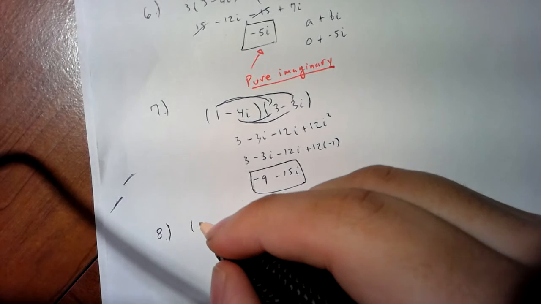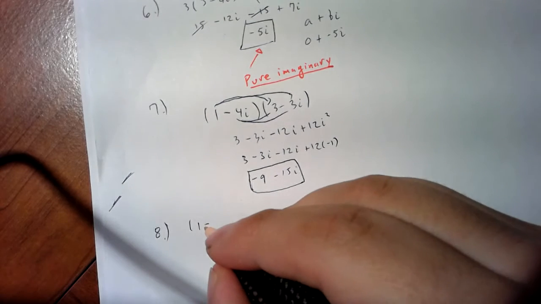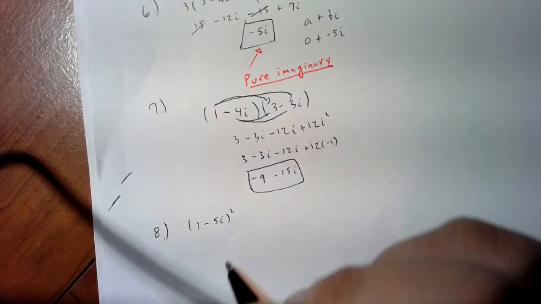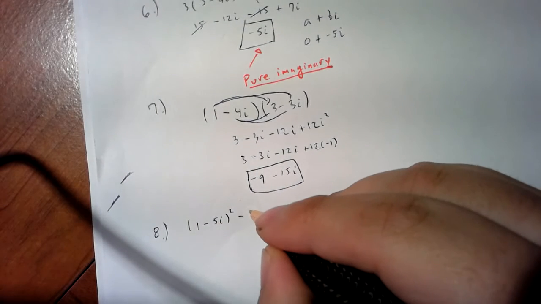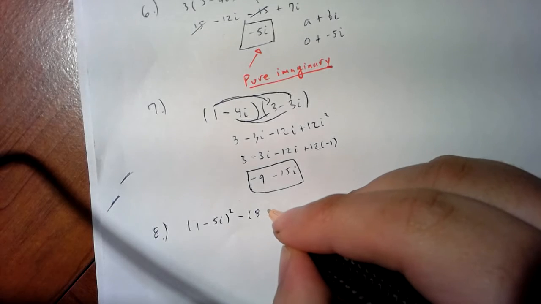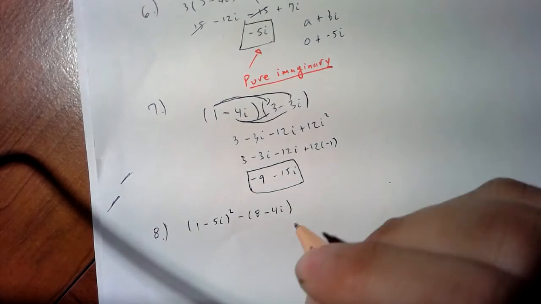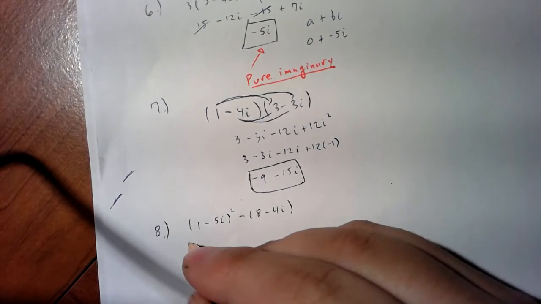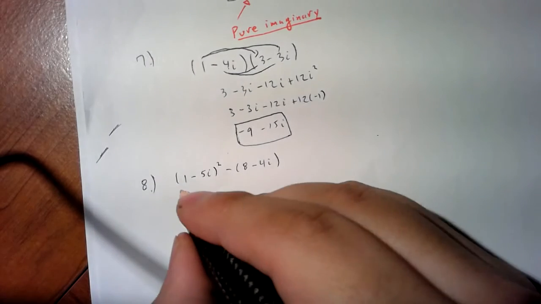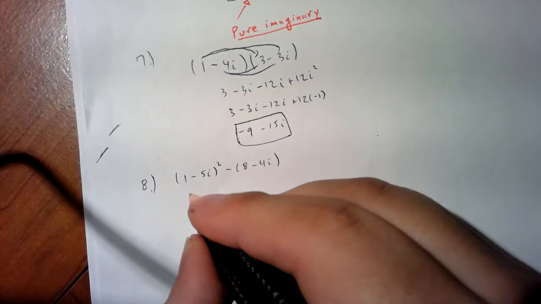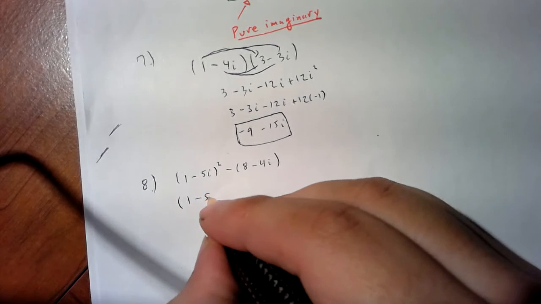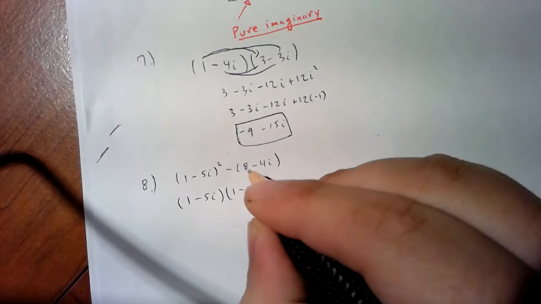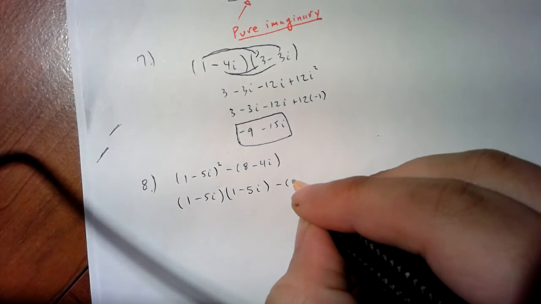So for question 8, we have (1 minus 5i) squared, and then minus (8 minus 4i). Alright, so the first thing we should do is go ahead and expand this out. Whenever you see a squared binomial, you can rewrite it like this. I'll bring down this other part over here.